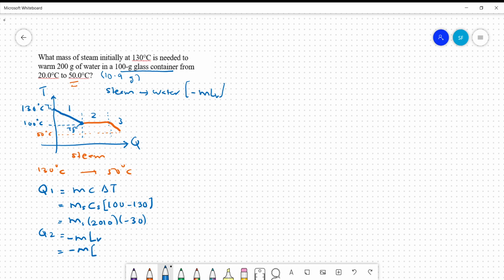You can refer to the table provided in the textbook: 2.26 times 10 to the power of 6.